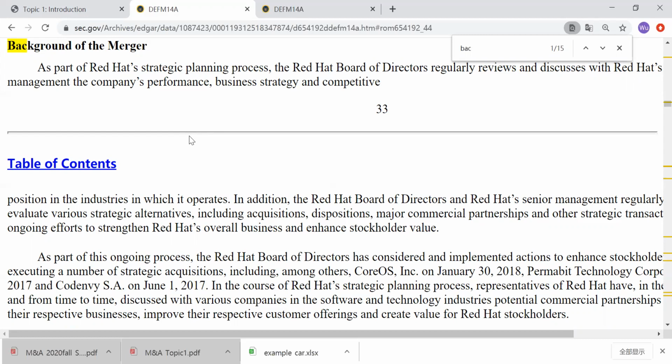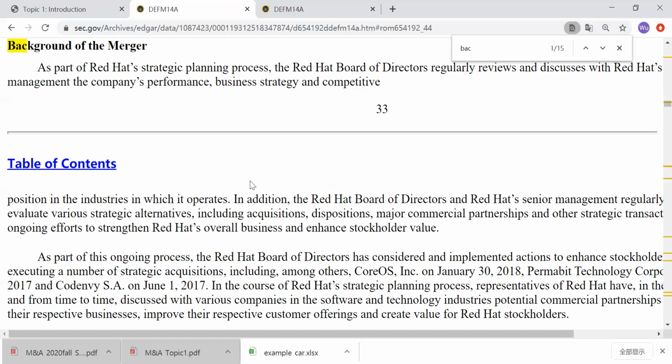That's why the background of the merger section in these filings, typically the definitive merger 14A filing, provides a microscope into the specific events that happen during the merger negotiation process before the public announcement of the deal.